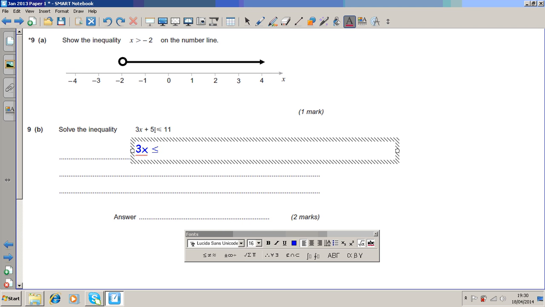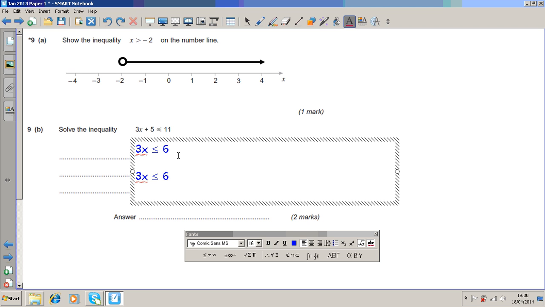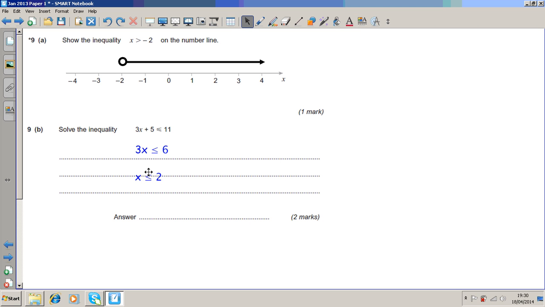If I take 5 off of there, I've got to take 5 off there, so 11 take 5 is 6. And then I'm going to divide by 3, which is going to tell me that x is less than or equal to 2. So there's my answer on that one.